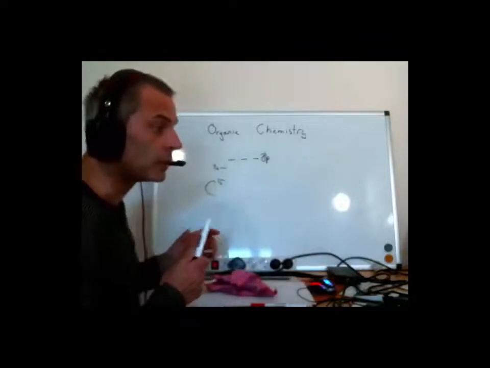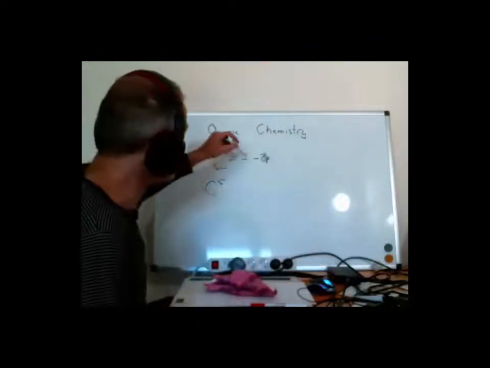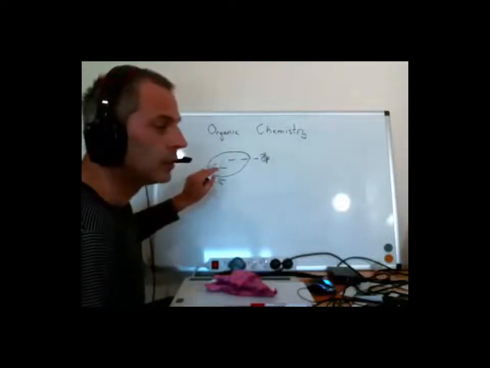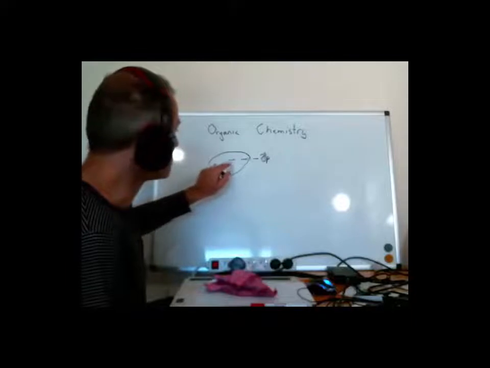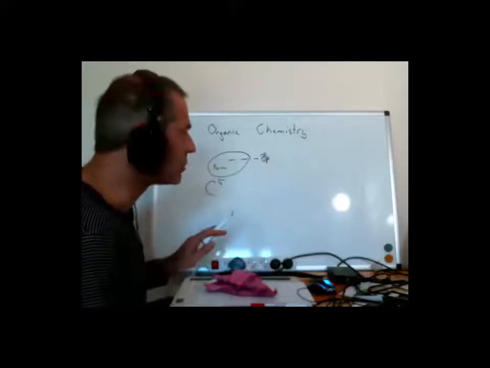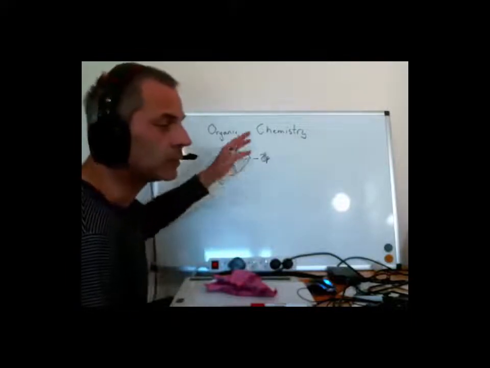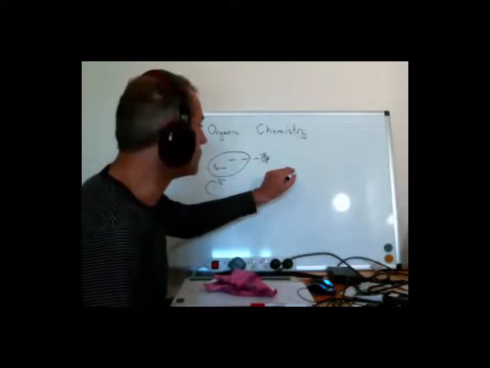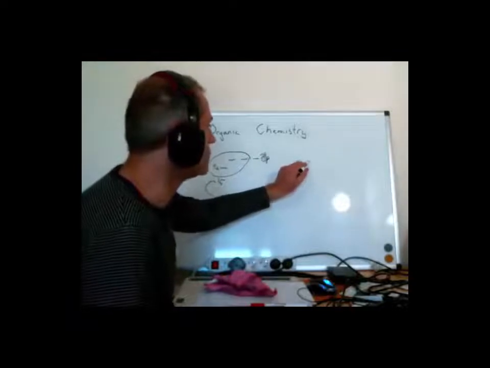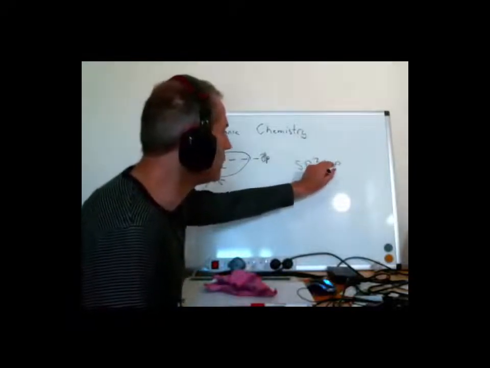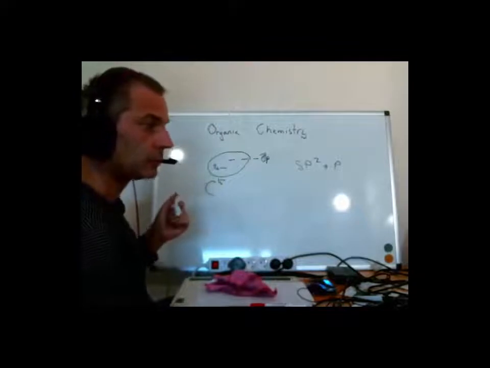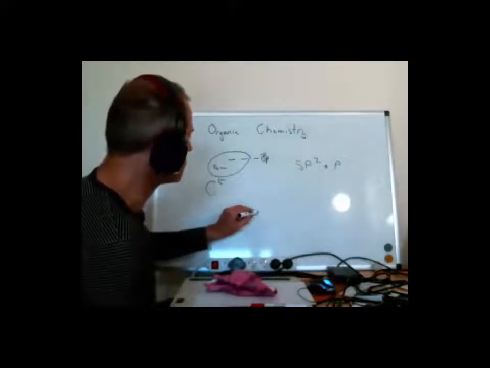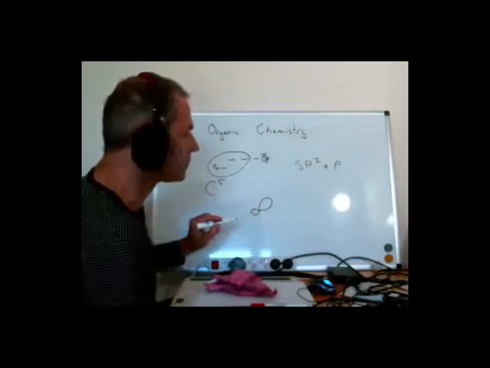Another way to reorganize the orbitals in our carbon would be to take the 2s orbital and 2 of the p orbitals, and add them together, divide by 3, and leave one of the p orbitals on its own. So that would give us sp2 plus p, and we need to draw that as well. That would be 3 orbitals that also look like this.